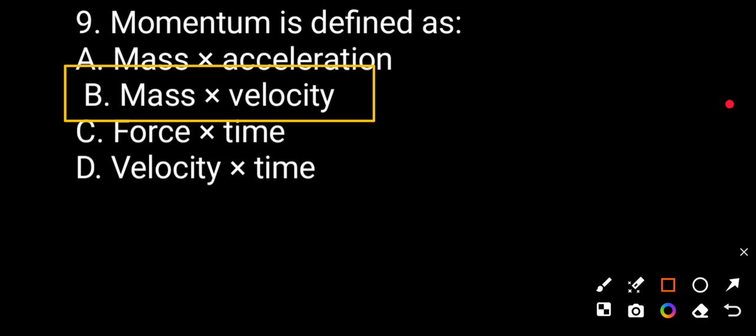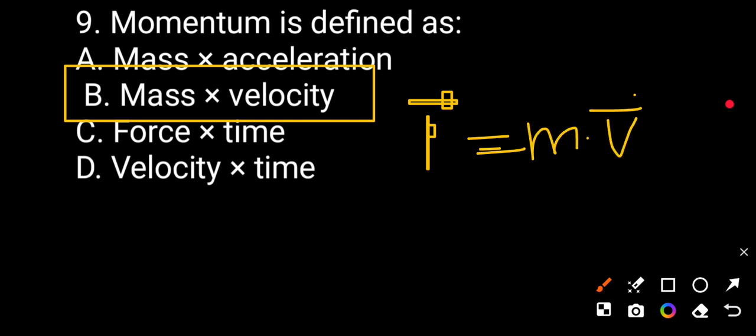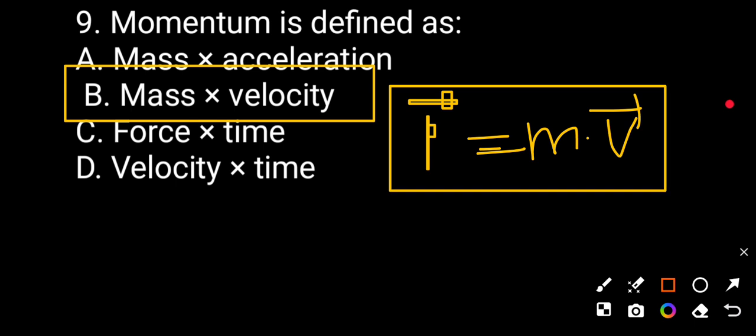Momentum is the vector quantity, so vector P is equal to m dot v, where p is the momentum, m is the mass of an object, and v is the velocity of the object.